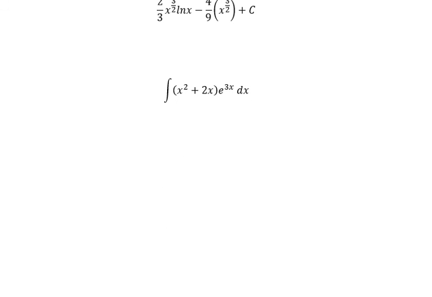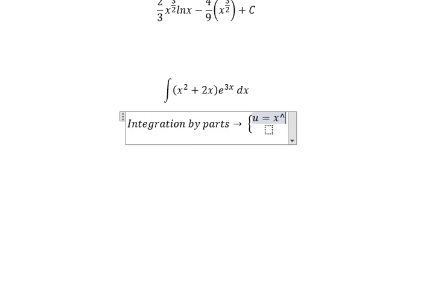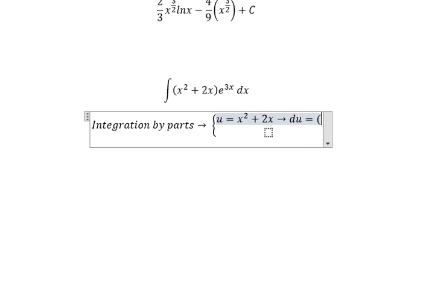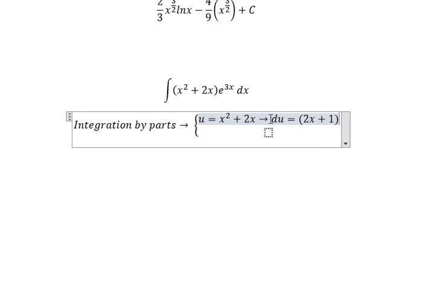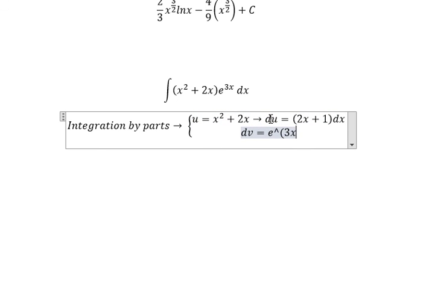Next, we need to use integration by parts. So we put u equals s squared plus 2s. The du we got 2s plus 1. The dv we got e to the power of 3s.